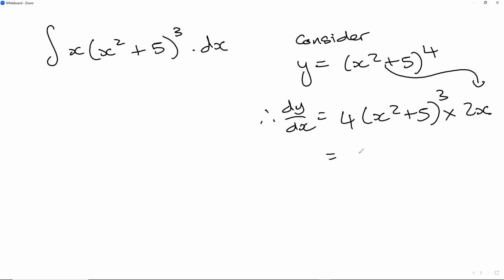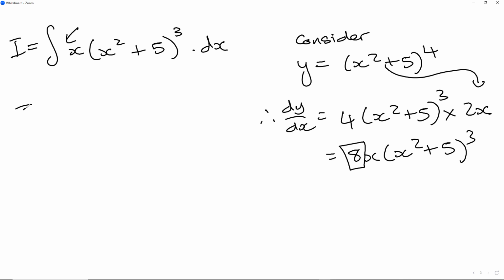And when I just neaten this up, I end up with 8x (x squared plus 5) cubed. So I have this 8, which I do not have over here. So therefore, if I let this equal to I and I want to find out the solution of this, then it would be 1 over 8. That would allow me, once I've integrated this, to cancel out. So introducing 1 over 8, y will be my solution.